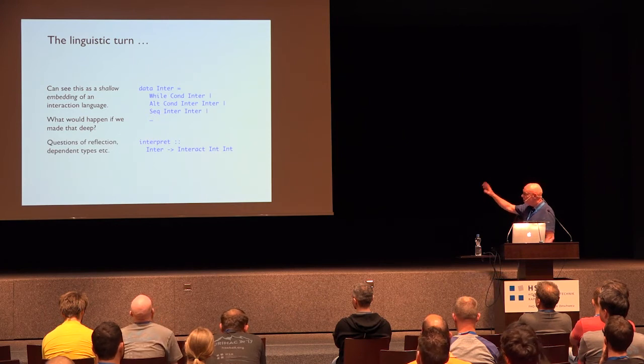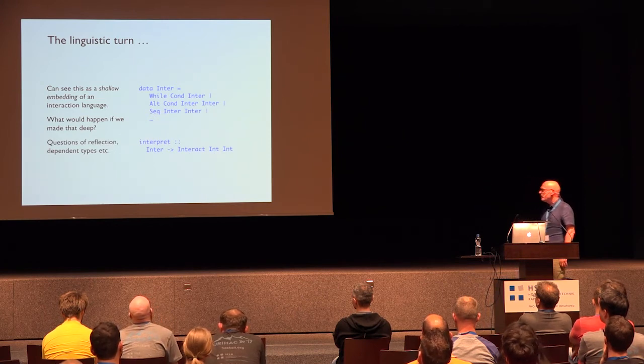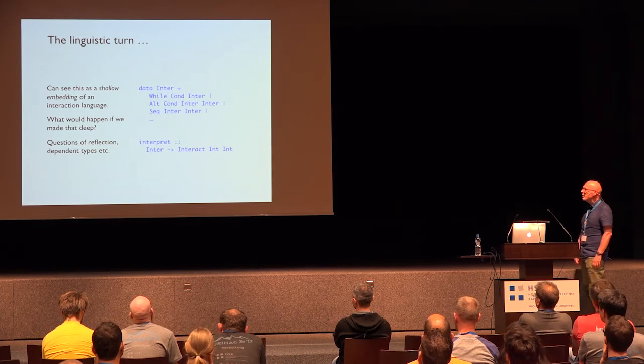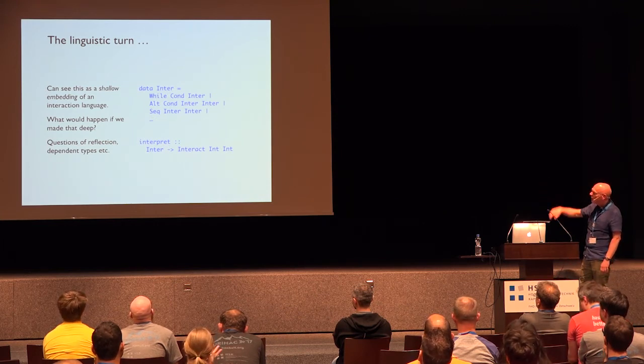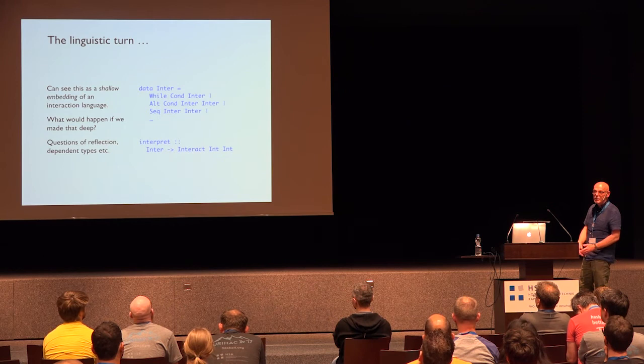But it's interesting, can we do that easily? I've got this data type here of interactions. These are just untyped interactions. I'm not type checking those interactions.